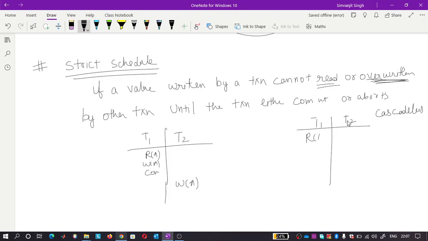So R1, W1, it is writing the value of A, and it commits. So this is cascadeless, it is not strict. Now this particular thing is a strict schedule.